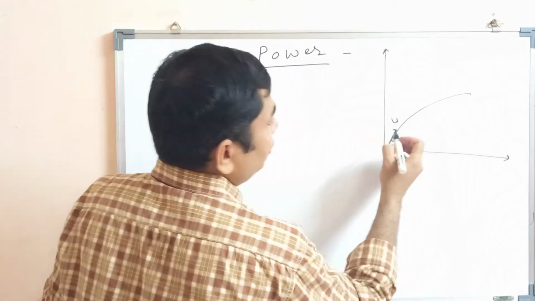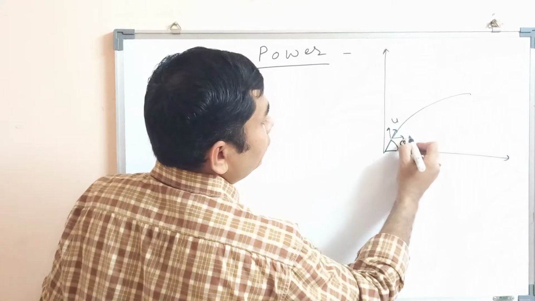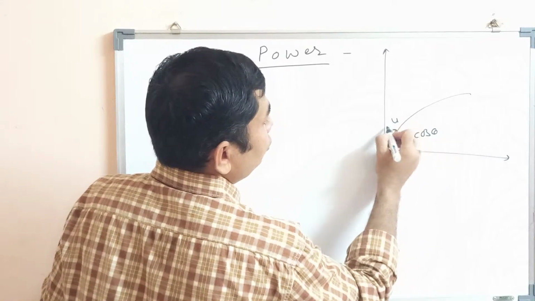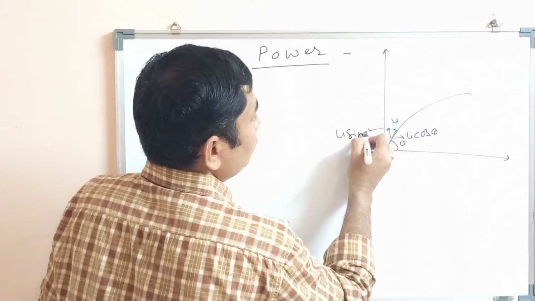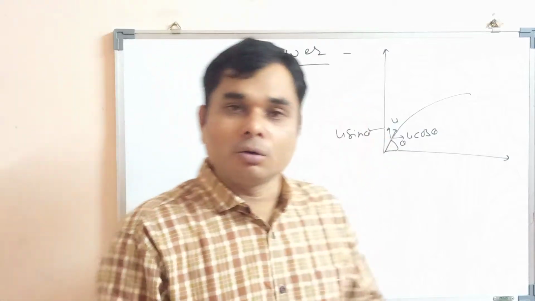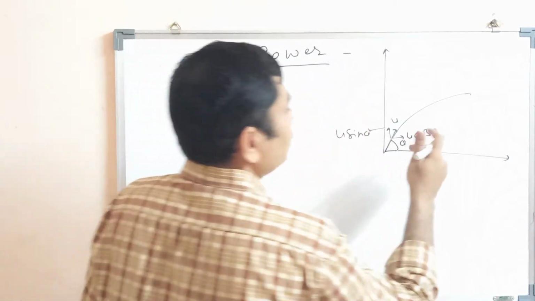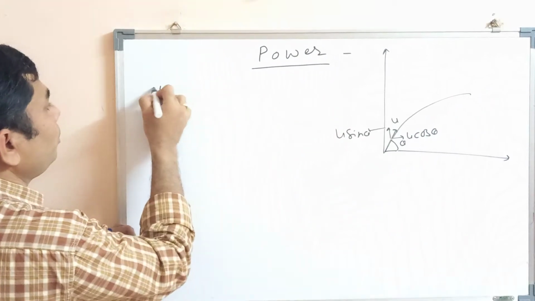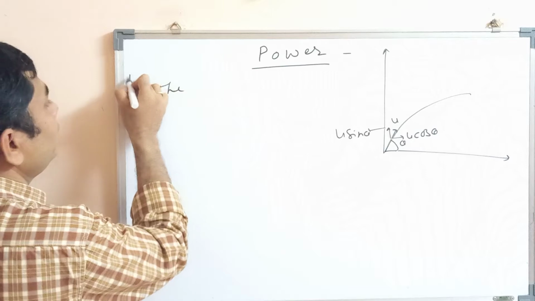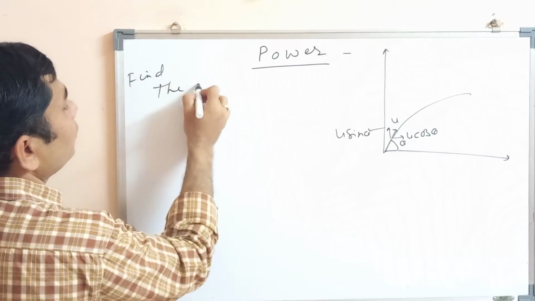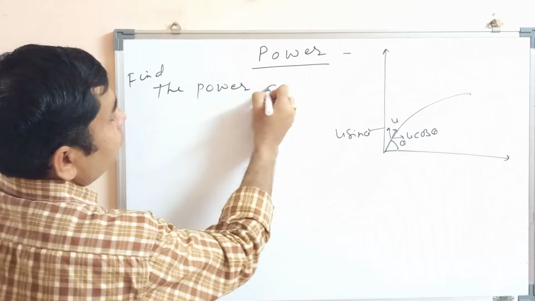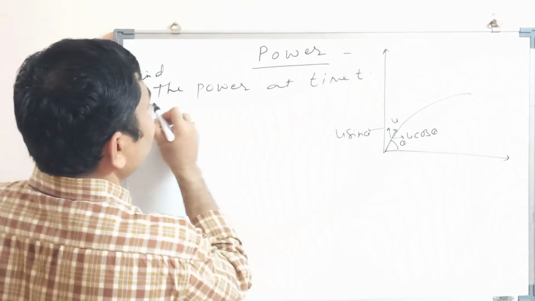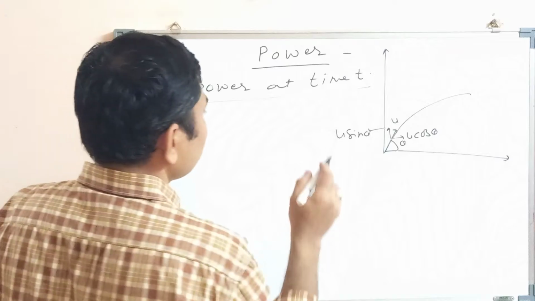So you know that the initial velocity will have two components, u cos theta and u sin theta. The vertical component goes on changing, whereas the horizontal component remains constant. Now if you are asked to find the power at time t, find the power at time t.